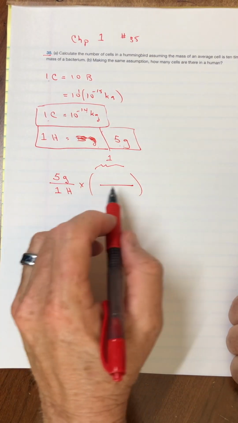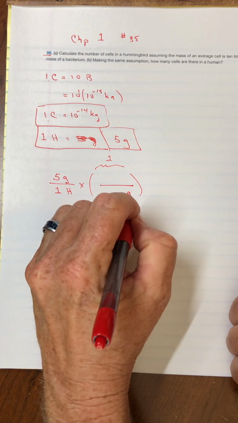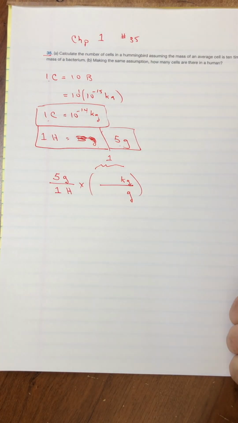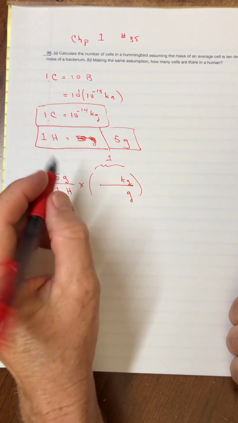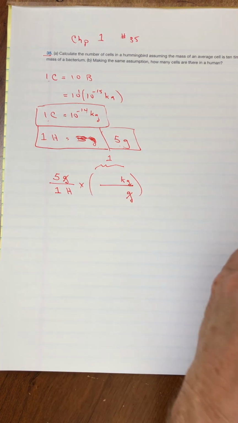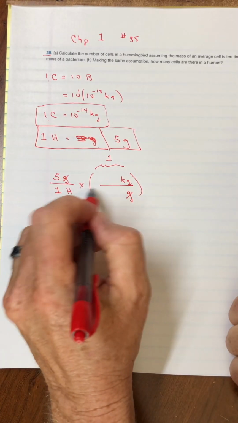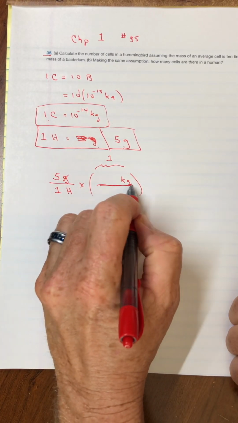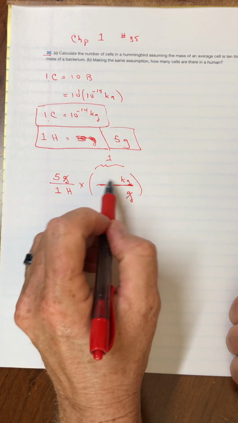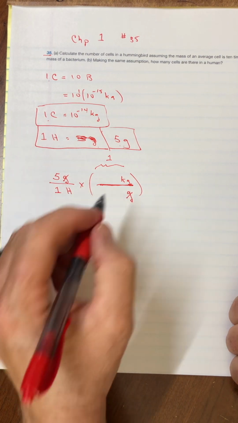So my first thought then is to put a gram on the bottom and a kilogram on the top. That's my technique for unit conversion, because as I multiply this now, grams are going to cancel with grams, and I'm going to be left in kilograms. And the only way to justify multiplying it by 1, or multiplying it by anything, and 1 doesn't change it, is that the numerator is the same as the denominator.